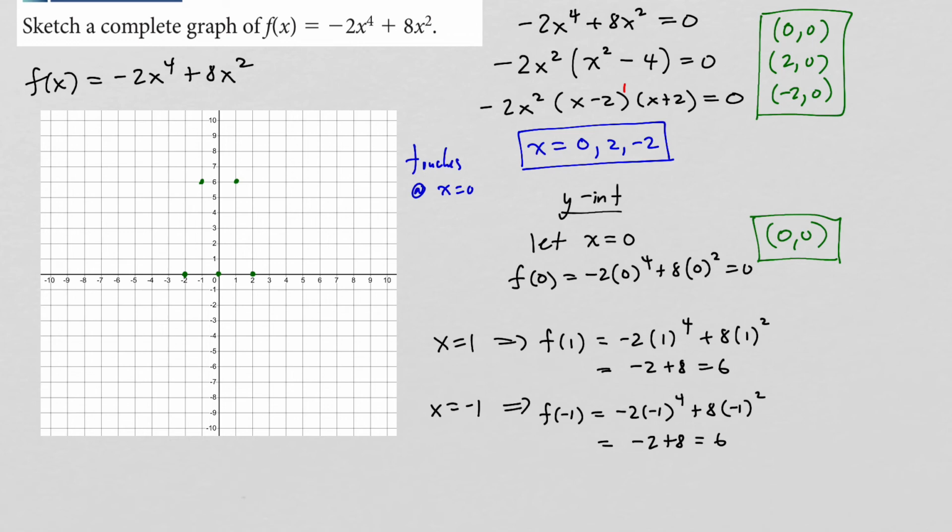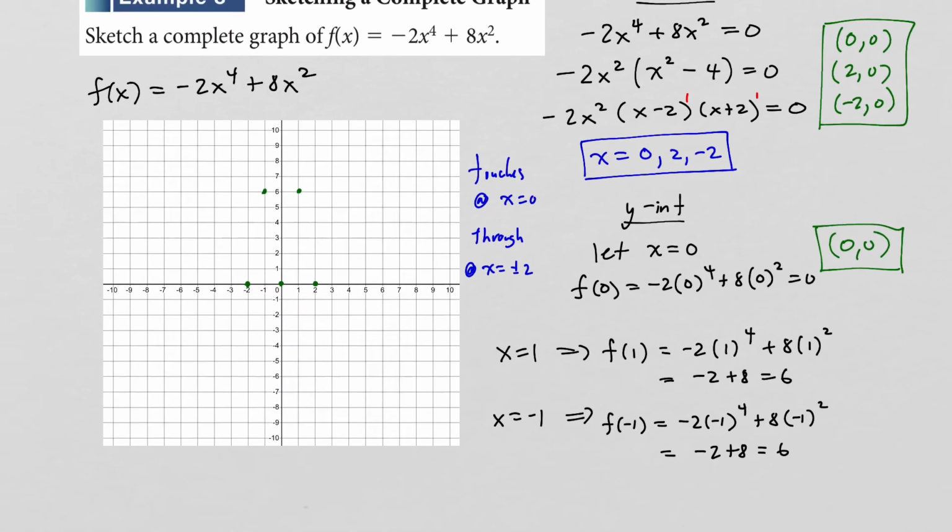Because the powers here are 1, and that means it goes through the x-axis at those values, at x equals positive or negative 2. So at these x-intercepts, it's passing through, but at this x-intercept, it is simply touching.